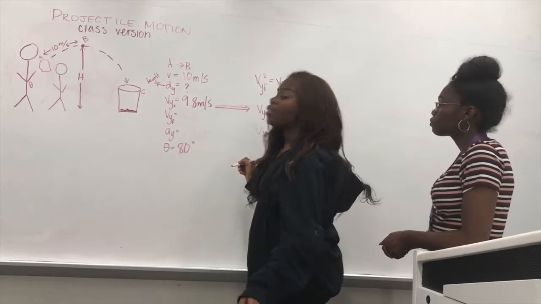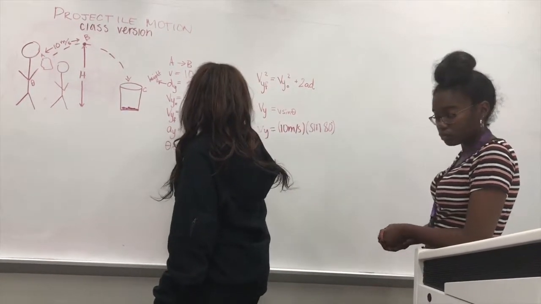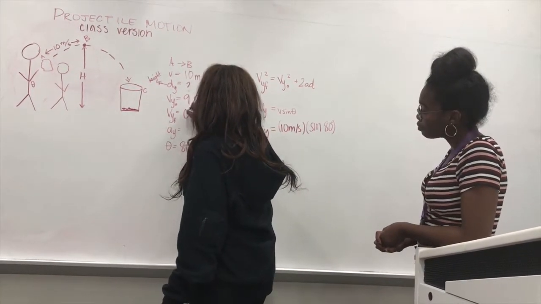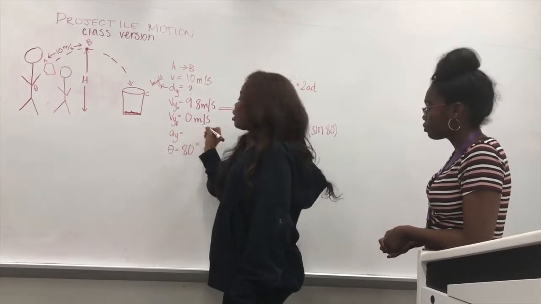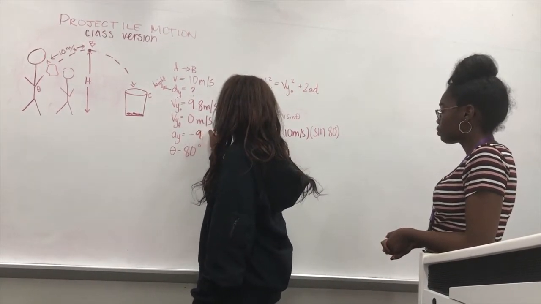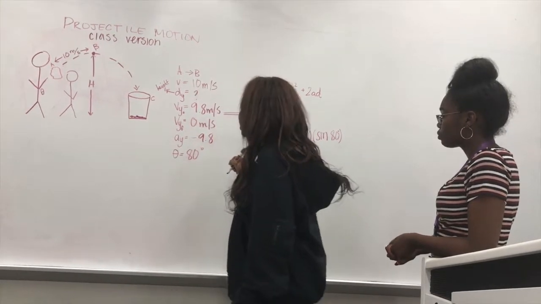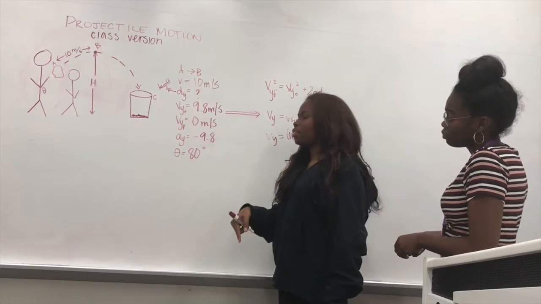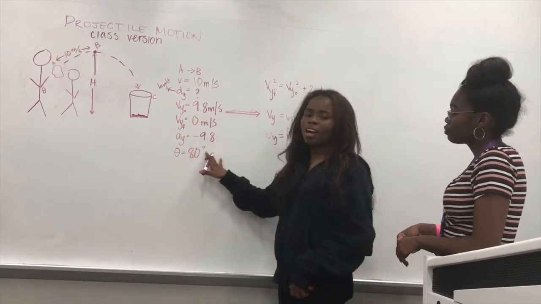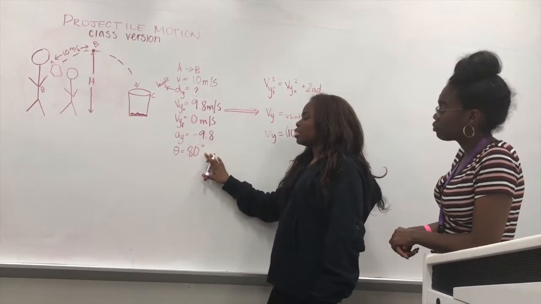And then the final velocity will be 0 meters per second because it landed in the trash can. Our acceleration in the y direction will be negative 9.8 because gravity is pulling it down. And again, our theta is 80 degrees.